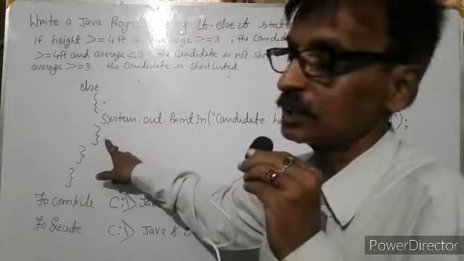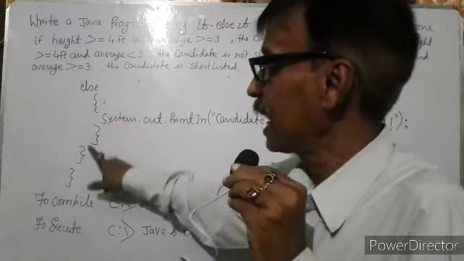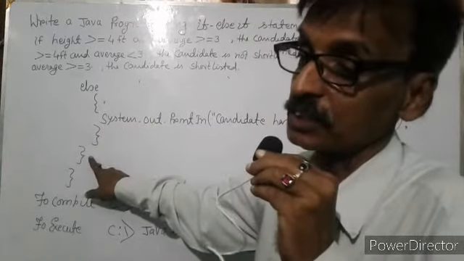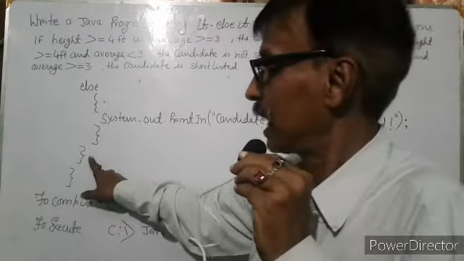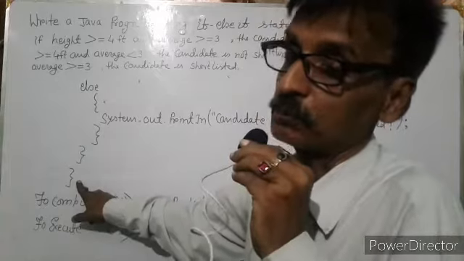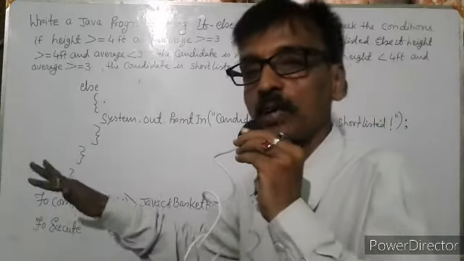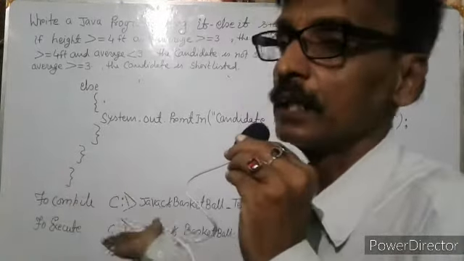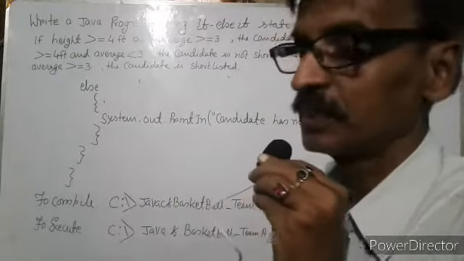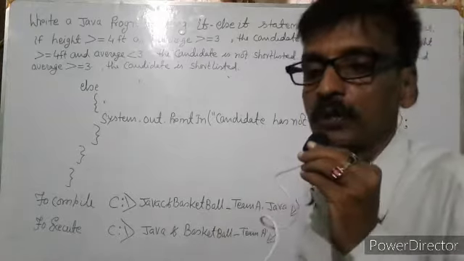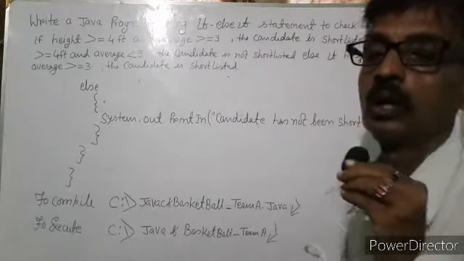This braces end is for this braces, and this is for the second braces in the program, and this is for the first braces. So the number of braces we open is equal to the number of braces we close. So our program is finished now.